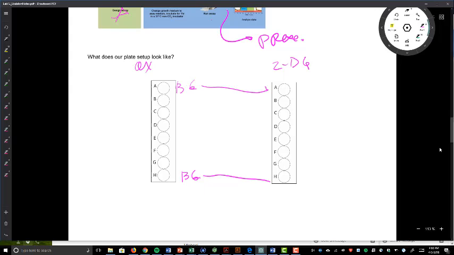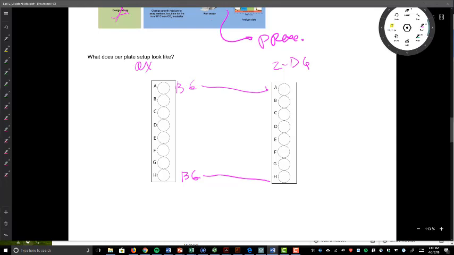Then we're going to have triplicates for each condition, plus or minus inhibitor.